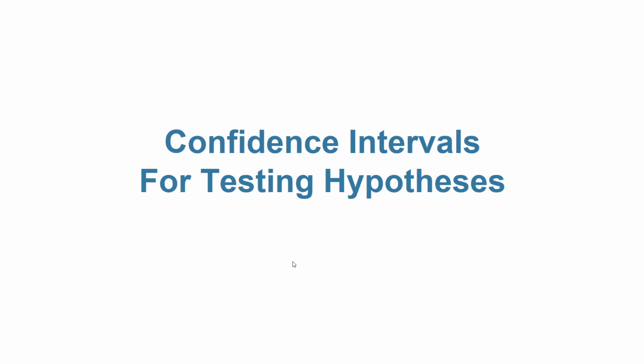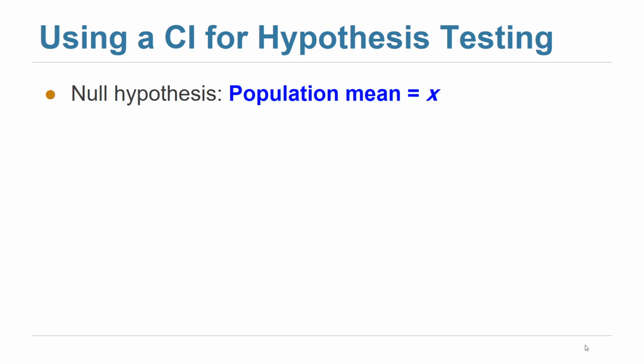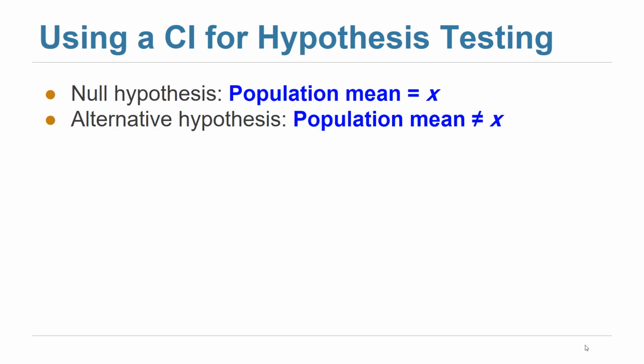Now, is there any relationship between the confidence intervals and testing hypotheses? The answer is yes. In fact, we can use confidence intervals to do hypothesis testing. And here is how. Let's say that the null hypothesis is that the population mean is a specific value x, and the alternative hypothesis is that the population mean is not that value x.